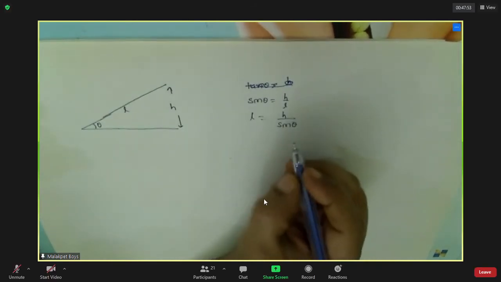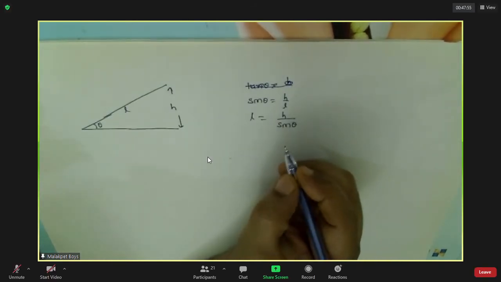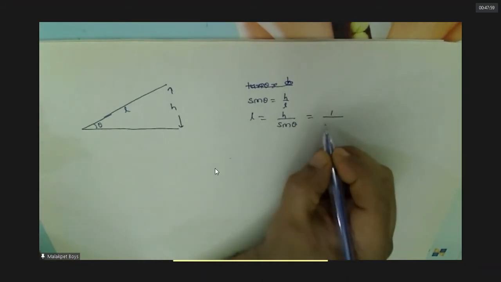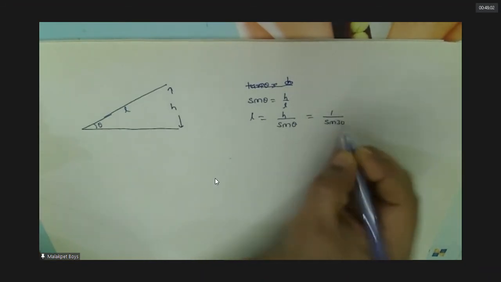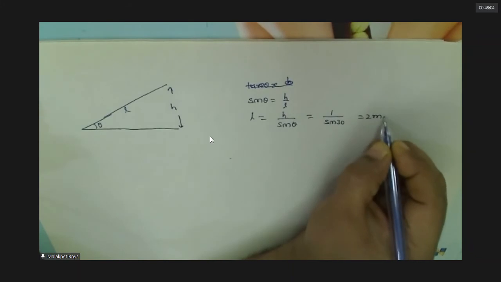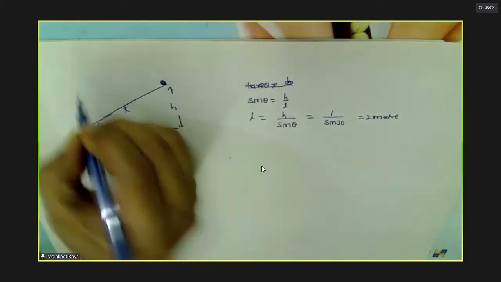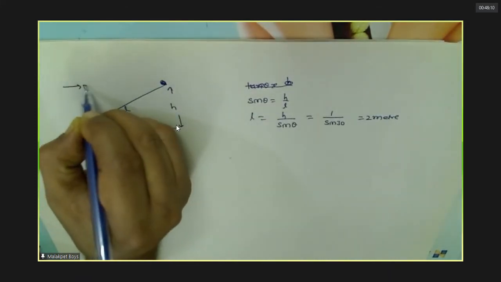Height is given, no? What is the height? 1 meter. Theta is sine 30.